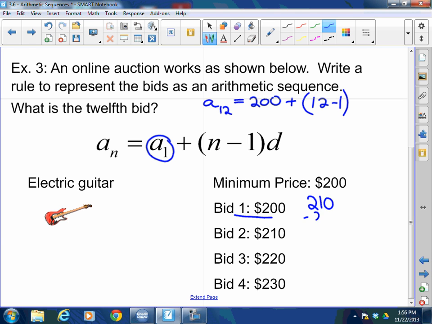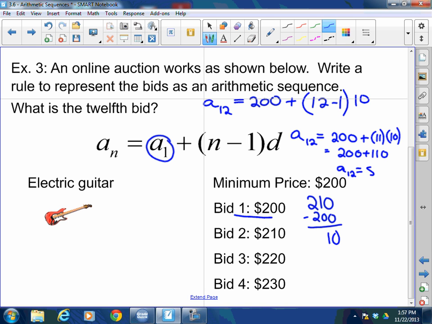Second term minus first term. So that's 10. So my 12th term's value is 200 plus 11 times 10, which is 200 plus 110. So my 12th bid's value in this case is $310.